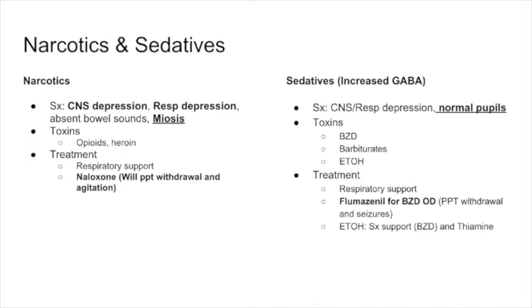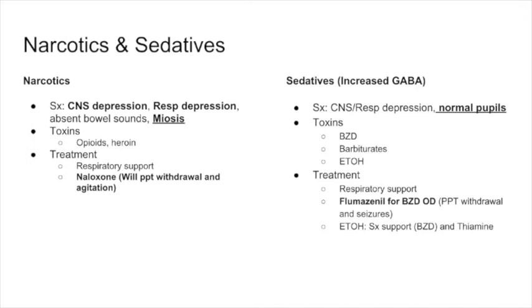Next, we talked about the toxidromes, the cholinergic, anticholinergic, and sympathomimetics. The next toxins that patients can abuse or overdose on are narcotics and sedatives, and these have similar symptoms. The narcotics, like the opioids or heroin, cause CNS depression, respiratory depression, absent bowel sounds, and miosis.